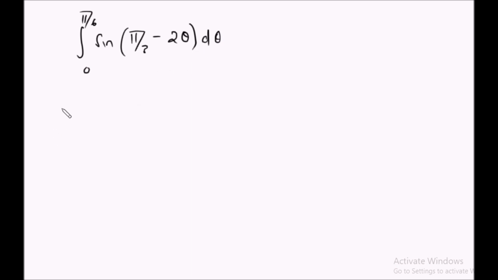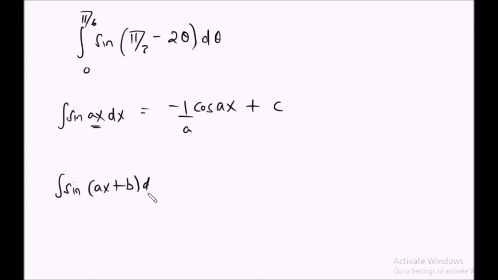In the previous tutorial I said that if I integrate sin of ax with respect to x, I am only going to get negative 1 over a cos of ax plus c, where c is the constant. I said it applies not only to ax but even to ax plus b, it is the same formula. I said it even though I did not write it. And all those others, sin ax, sec squared ax, cos ax, and the other one cos squared ax, you can replace ax with ax plus b.